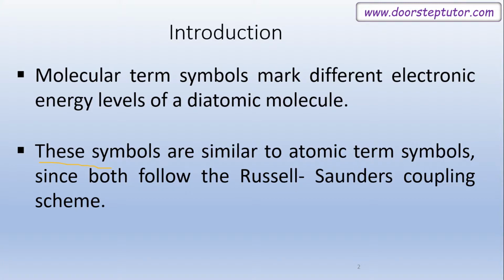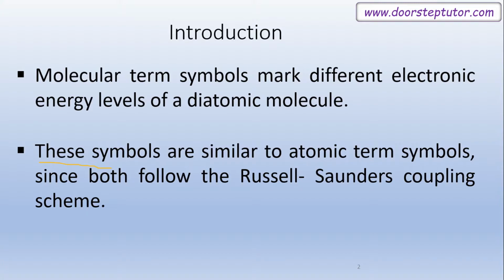But the molecular term symbols we can represent for homodiatomic molecules and heterodiatomic molecules, like simple molecules H2, H2 plus, Li2, Li2 plus, Be2, B2, C2, O2, N2, CO. So we can represent the term symbols for various diatomic molecules.